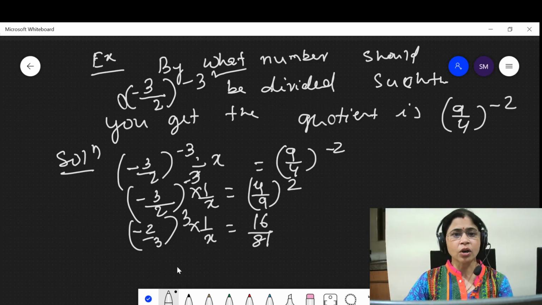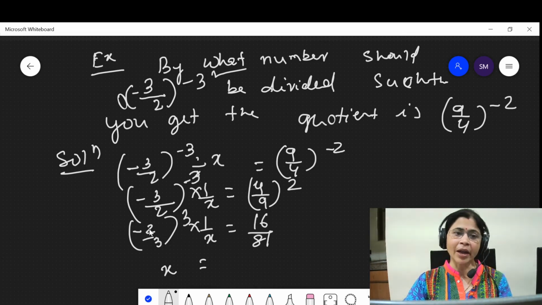Then use the cross multiplication method. x is equal to (-2)^3 upon 3^3, times 81 upon 16. At first decide whether the answer will be positive or negative. Here the exponent is an odd number, which means we get a negative number. (-2)^3 is -8. 3^3 is 27.